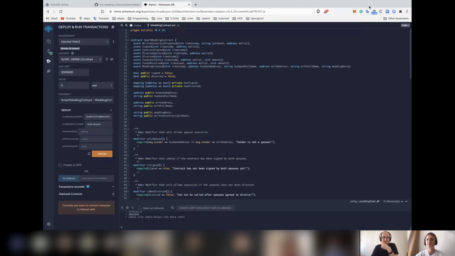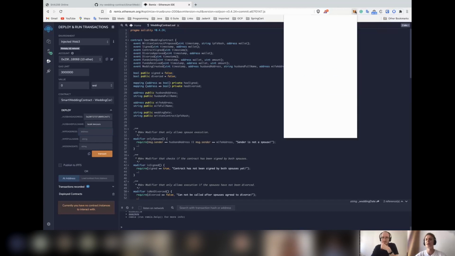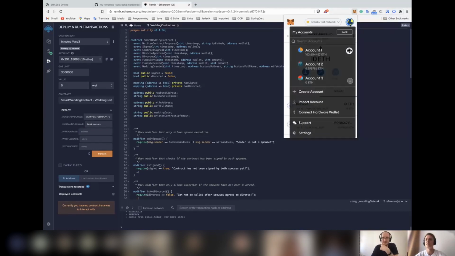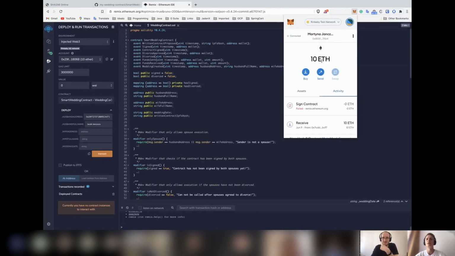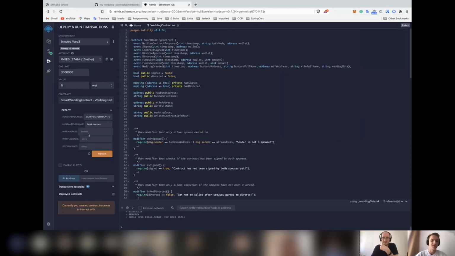We've got the wife's address. I didn't copy it. You see the confirmation. So what MetaMask is doing is just being a password manager for blockchain. Wife's address, wife's full name, Martina Rafalska, and wedding date 16.10.2020.